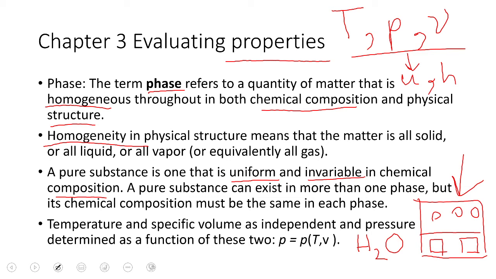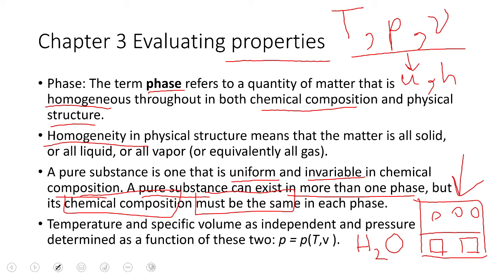Though it has three phases, each of the three phases has the same chemical composition. So a pure substance can exist in more than one phase, but its chemical composition must be the same.